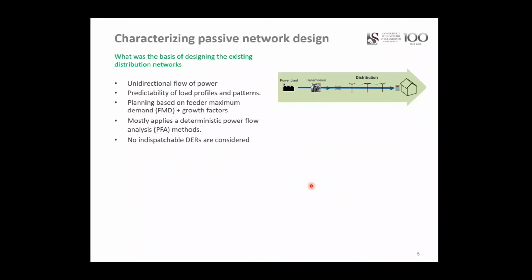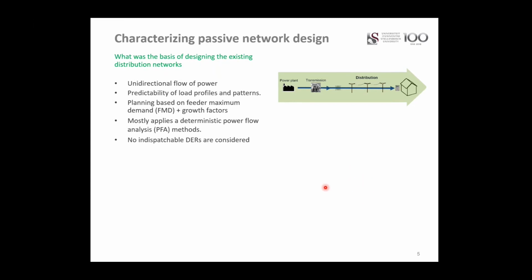So I'll look again at the network. What is the basis of designing the existing network? As you can see, we have unidirectional power flow, where you have your power plant, then you have your transmission system, you have a transformer, all the way towards the distribution network, and then to your end customer. Also, basically, the existing distribution networks were designed as such, by means of having predictable load profiles and patterns based on feeder maximum demands, which factors in your peak loads.